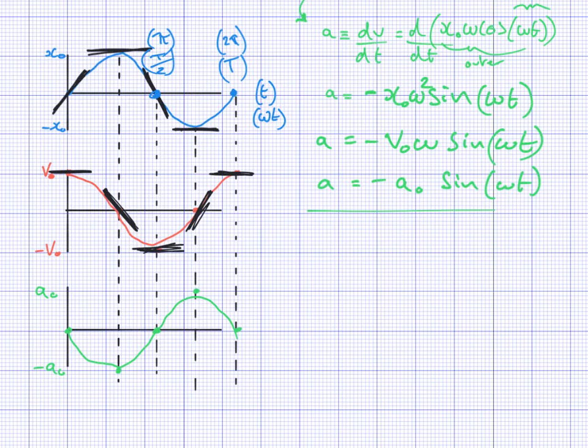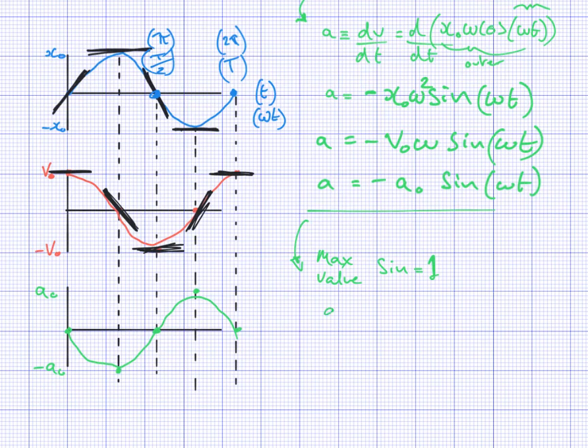And now, once again, we're going to assume that we can think of these max-min values for our sine value. So our sine value has a maximum value of 1. So we'll do the same thing as we did before. Our maximum value for a sine has to be 1. Again, remember that that corresponds to this maximum value here and this maximum value down here. In other words, when sine is 1, it's at its maximum acceleration, either positive or negative.